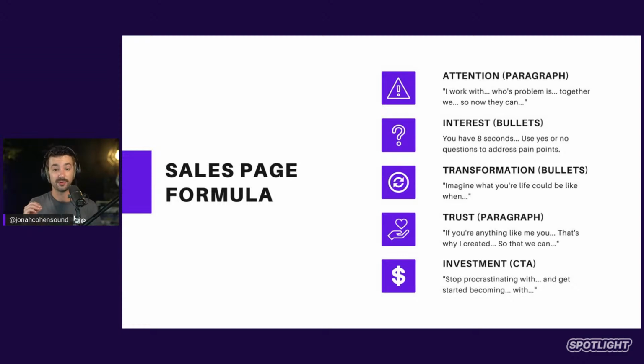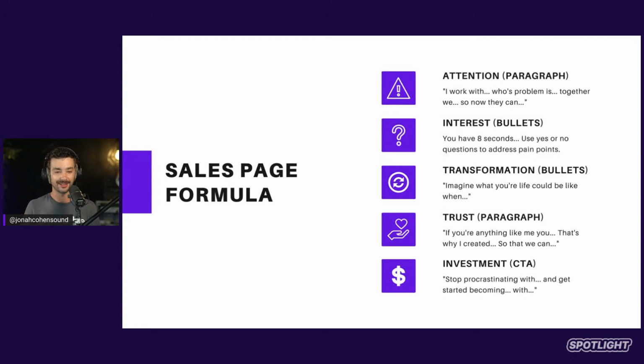So in that paragraph format, the next is interest. And this is where sales psychology says you have 8 seconds to take someone's attention and turn it into genuine interest. You can do this using yes or no questions. And this is so clever because sales psychology says that it takes 7 to 10 agreements, or points of agreement, between you and a customer for them to trust you.